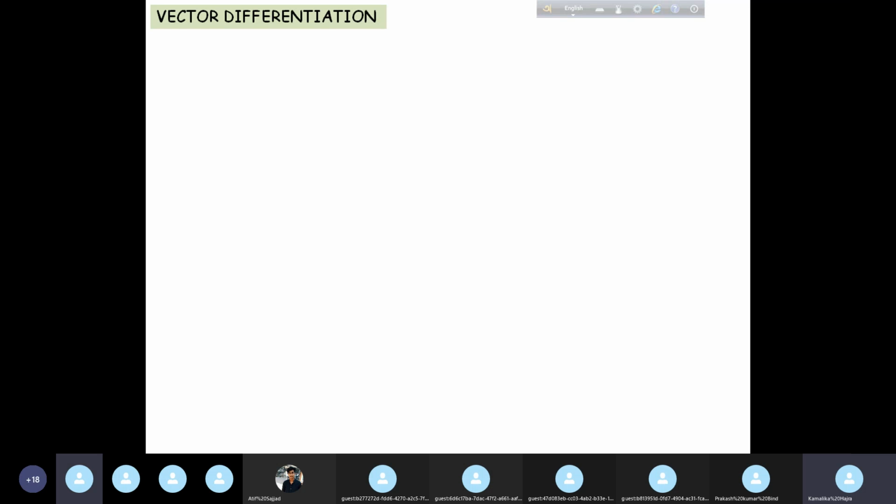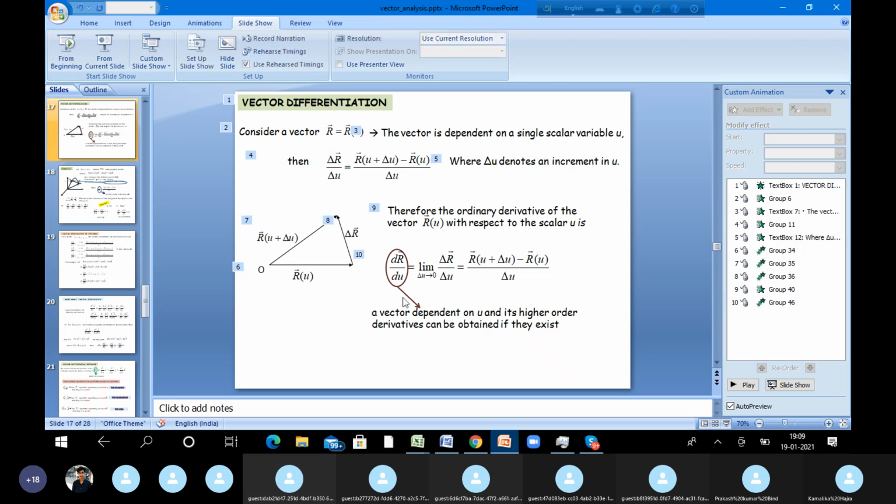Ma'am, the screen show is not happening. You cannot see vector differentiation written on the left of my screen? I can see the red border. Now can you see? No, ma'am.